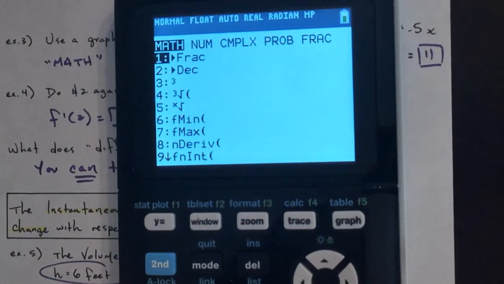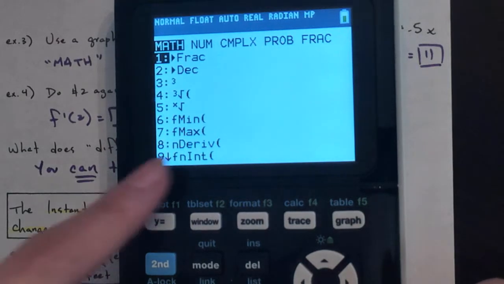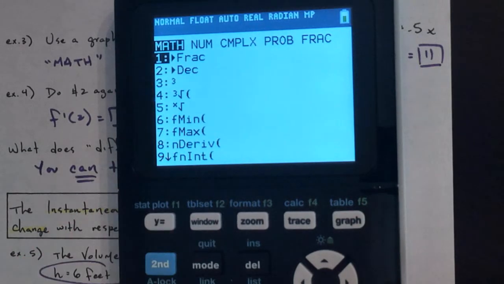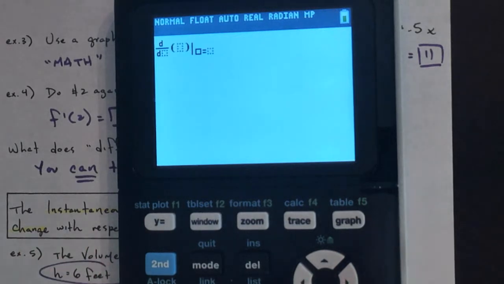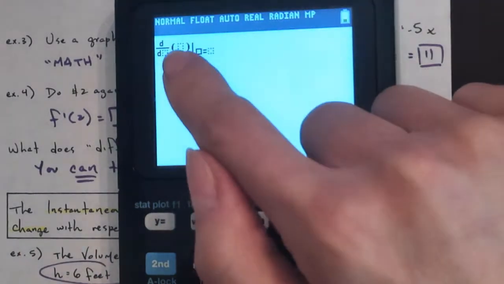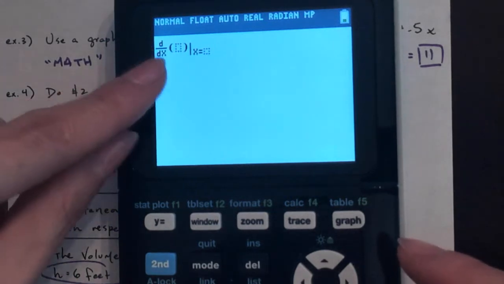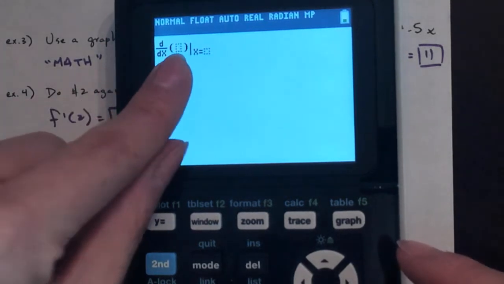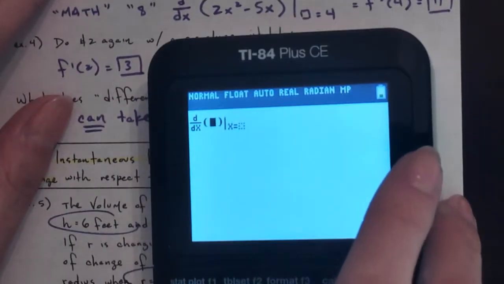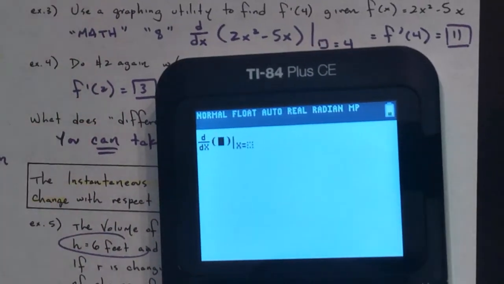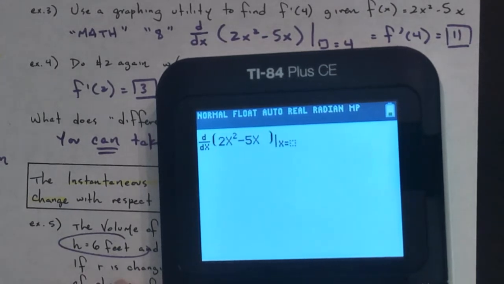So what you would do is, it says right here, but I'm going to show you. So you do math, and then if you scroll down to 8, or if you just press 8, it's the derivative. So this means I'm finding the derivative in terms of x. And then what is the function? I'm going to write in the function 2x squared minus 5x.